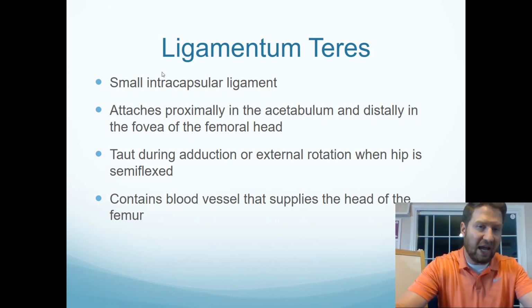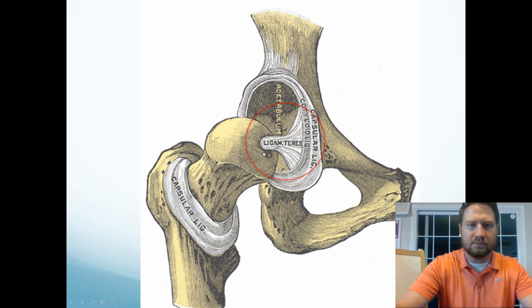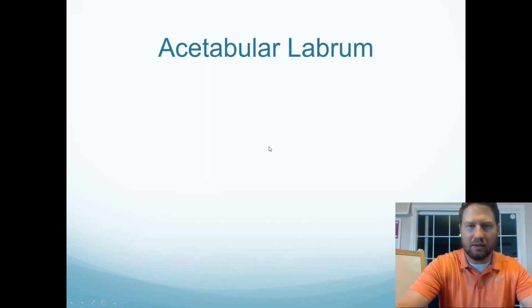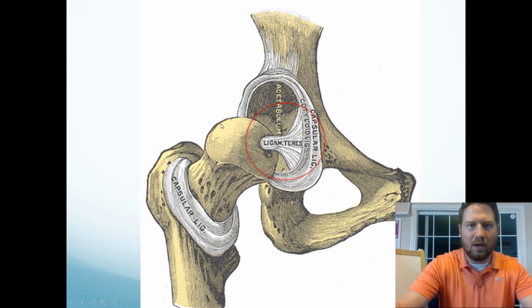Those bones have a good blood supply. This blood vessel is the main blood supply for the head of the femur. If that ligament is ruptured, guess what happens? The head of the femur loses its blood supply, and it then goes into AVN, or avascular necrosis.